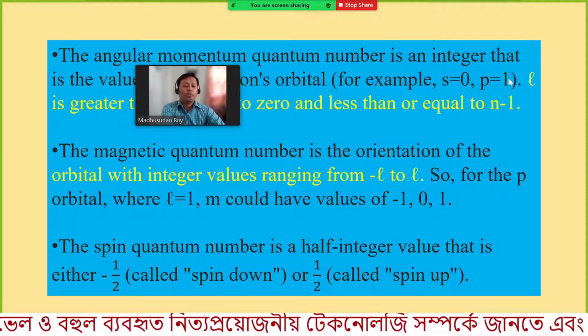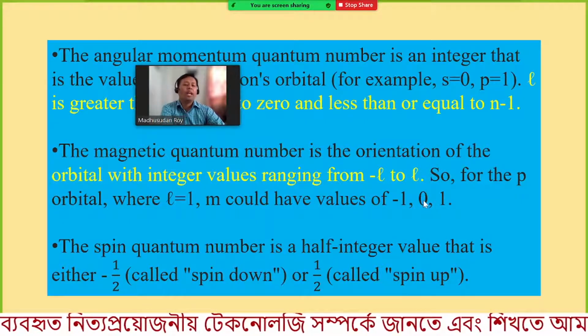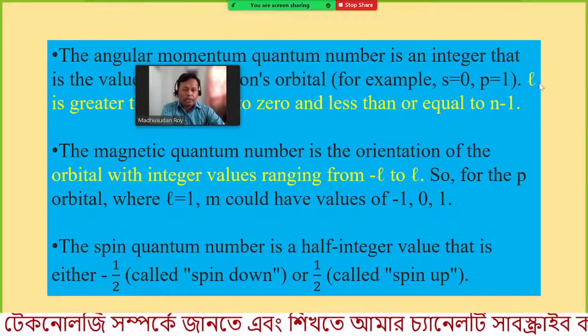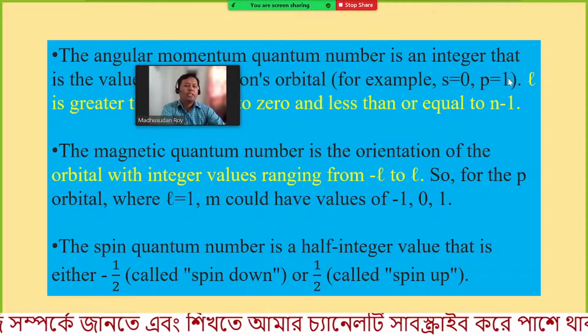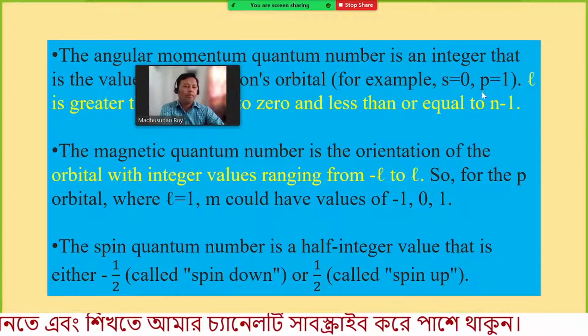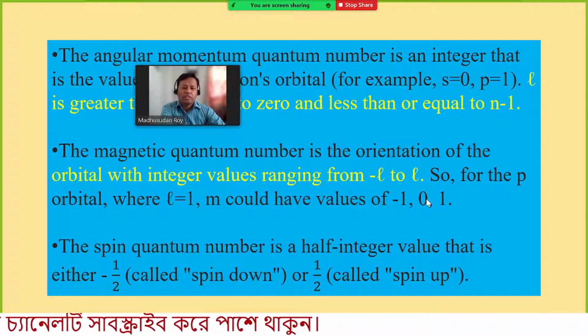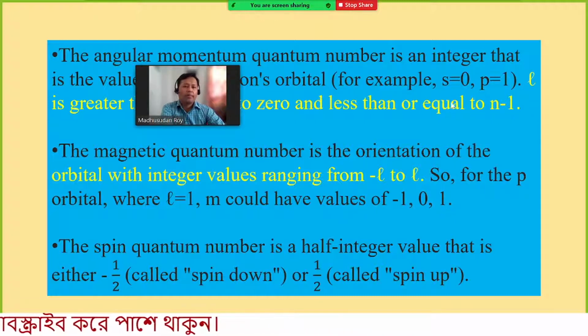So how many magnetic quantum numbers will we have? We already mentioned the value of L is 1. Therefore we can have minus 1, 0 and 1. The first one is minus L, that means minus 1.